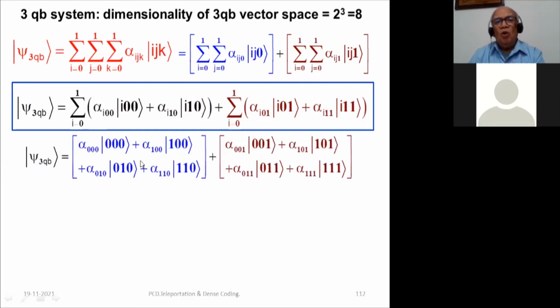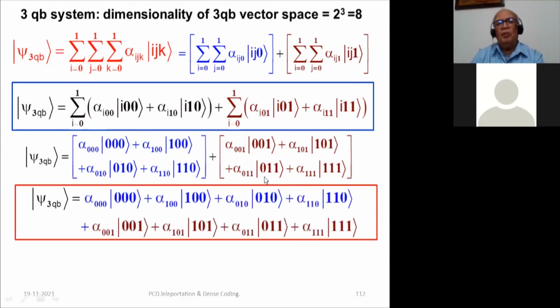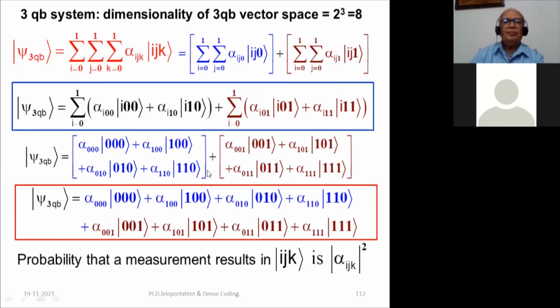So I get a total of 8 vectors, and each has a different coefficient, which is indexed by 3 indices. So alpha 0, 0, 0 is the coefficient of this, alpha 1, 0, 0 is the coefficient of this vector, and so on. So there are 8 vectors in the superposition and 8 coefficients, which you can spell out carefully, write them together.